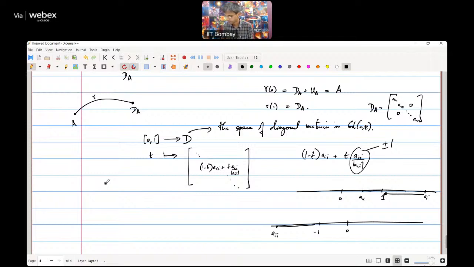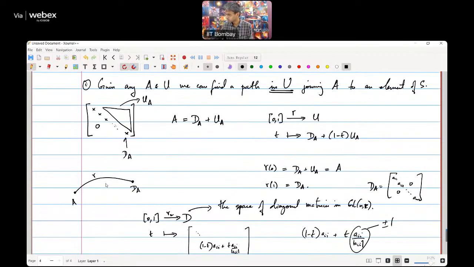Let me call the first path gamma 1 and this one gamma 2. Then gamma 2 is a path which joins D_A to this element which is inside S.